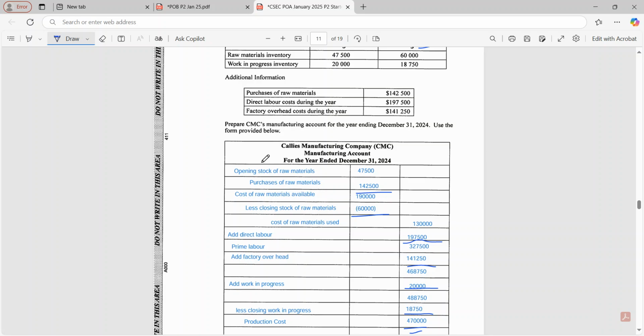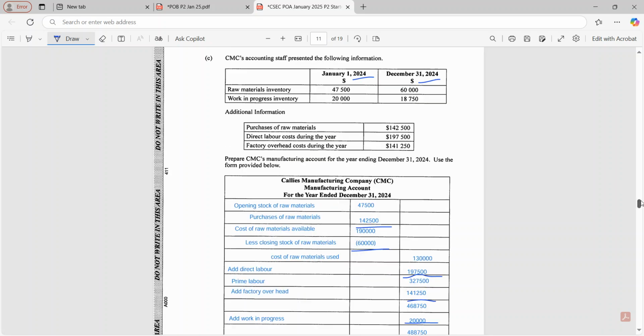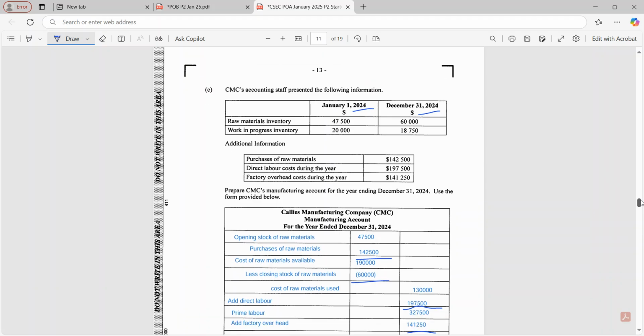All right, so we're going to start with our opening stock of raw materials, and that is 47,500, which we got here.